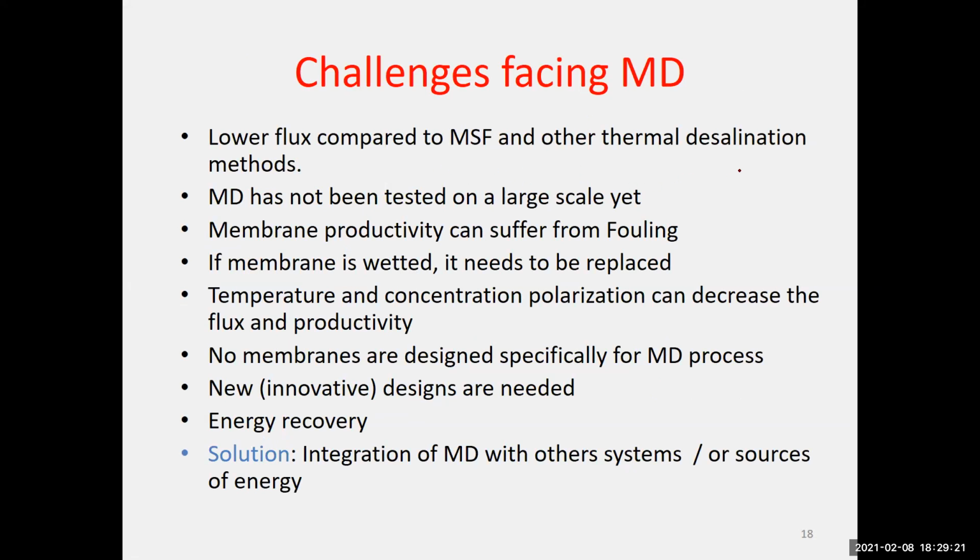There's a membrane surface, and the hot water is coming from here, which is the feed. And the permeate side is here. You need, as much as possible, a maximum amount of flow of the vapor to pass by the membrane.